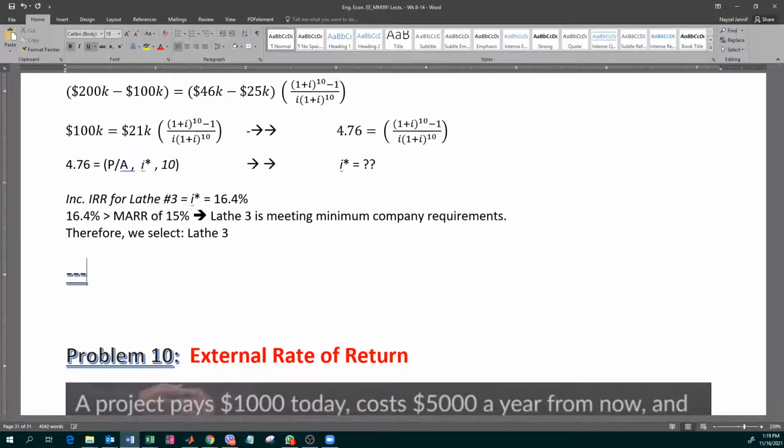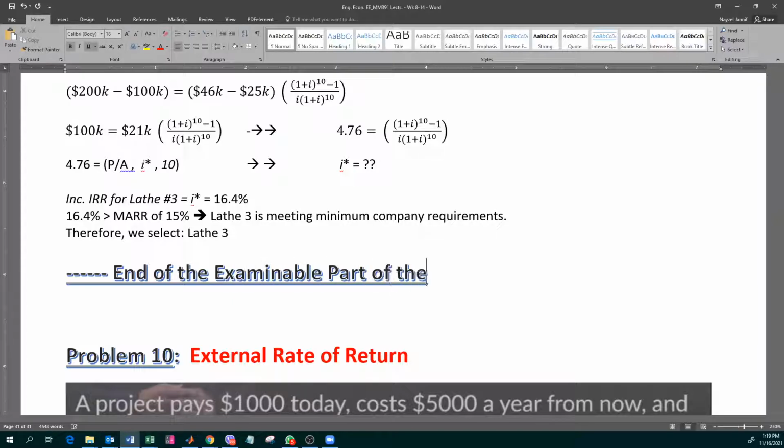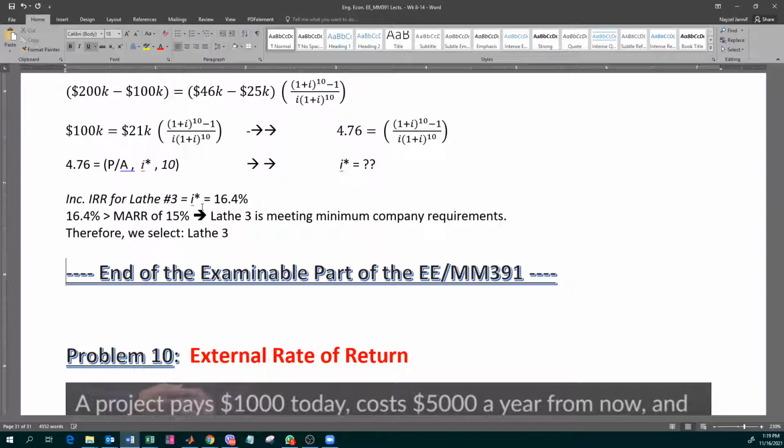So basically, let me just put a note here and say end of the examinable part of EE/MM391. We have completed the syllabus. I'm deliberately stopping now. In fact, I would have wanted to go into doing bonds and a lot of other things.